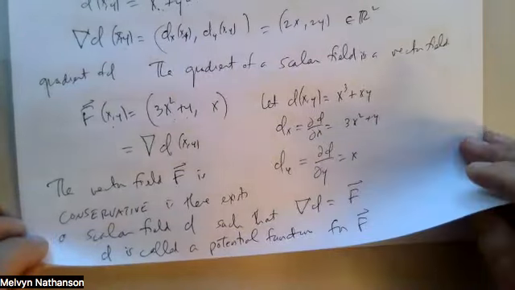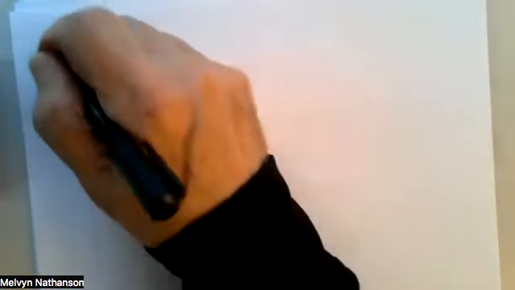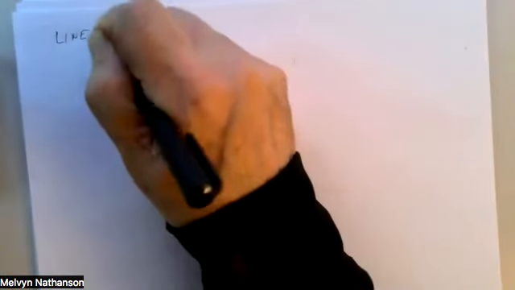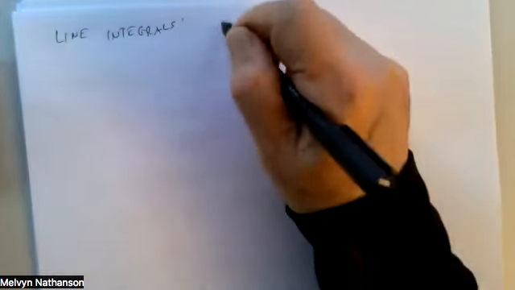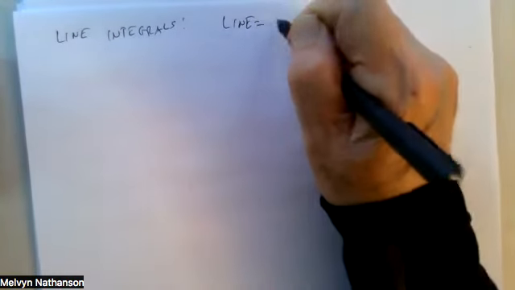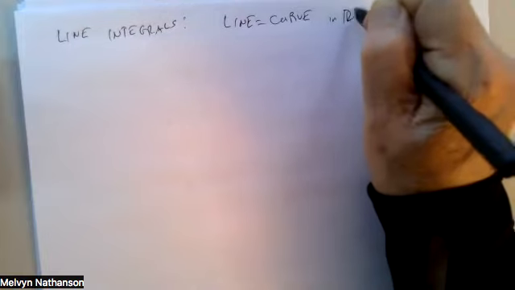And we'll see in connection with line integrals that this is really very important. So this brings us to line integrals. And what we mean by a line is a curve in R2.